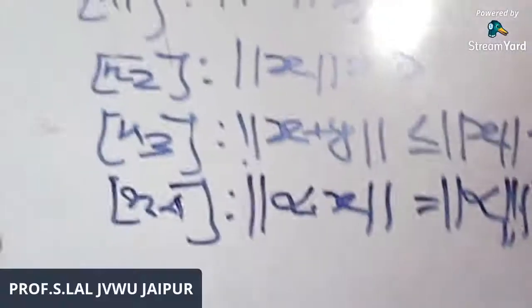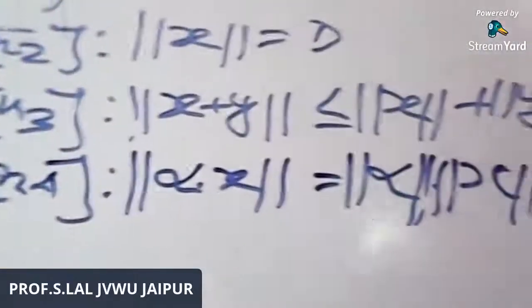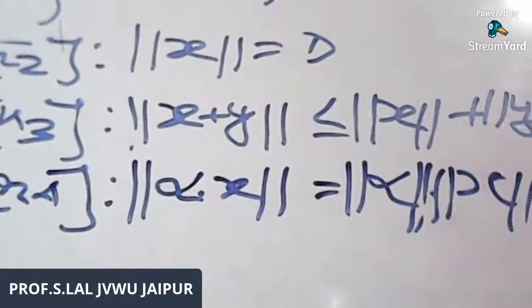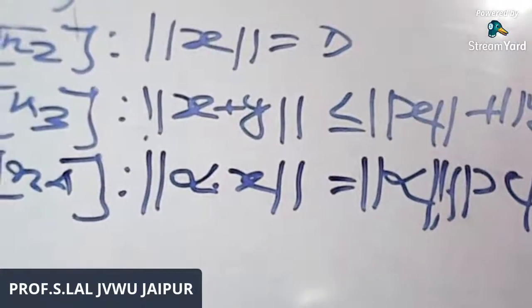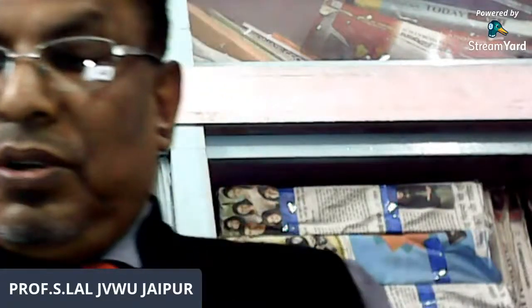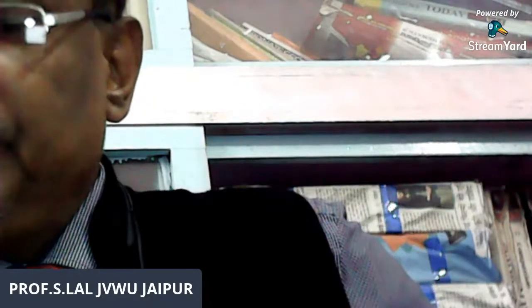These are the four postulates to form a normed linear space. After writing all these, let us write the line below.